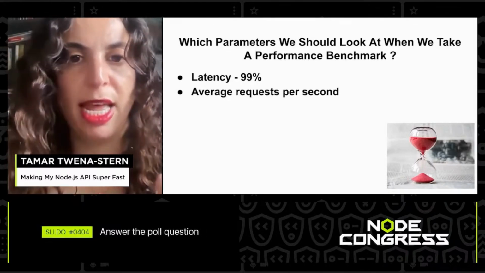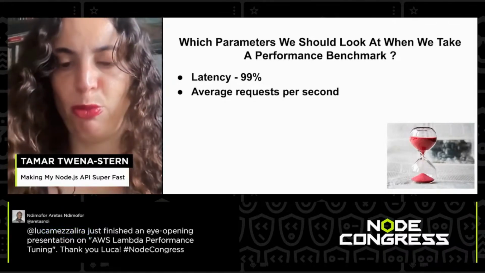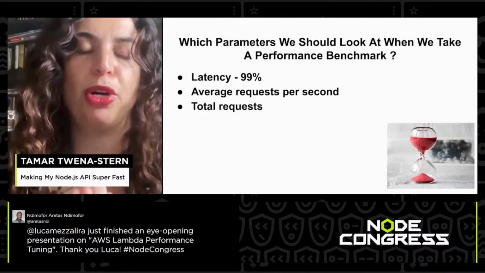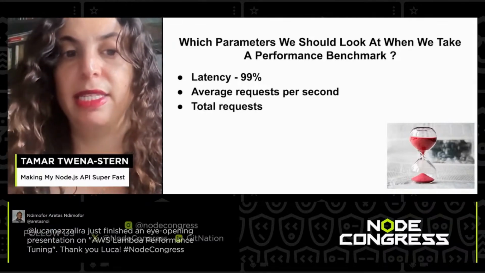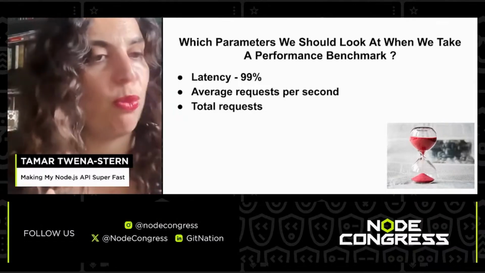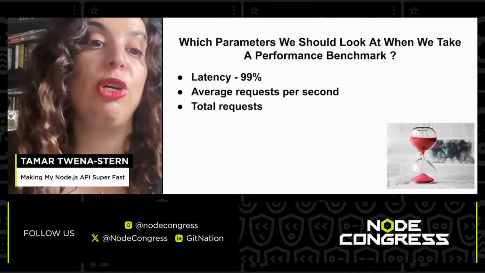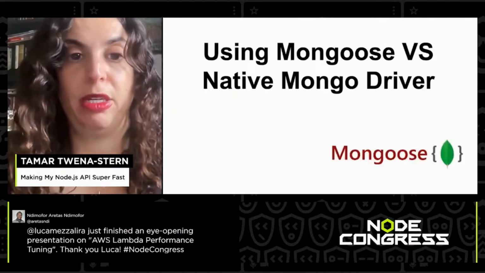That's really important. Second, measuring throughput. For measuring throughput, we have 2 important things to look at: first is the average requests per second, and then the total requests. Those measurements will give you a good idea about how your throughput is improving.